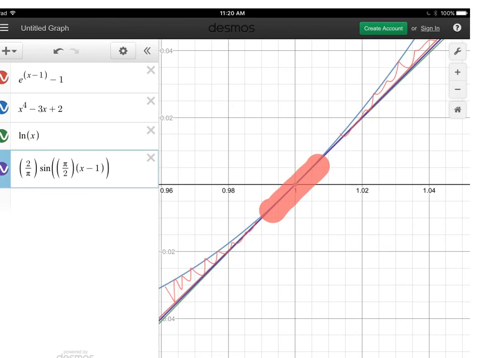Okay? So now what I'd like you to do is fill in this table. We have the function, and I want you to find the function at 1.1, and then I want you to find L at 1.1, which will be the same all the way down.